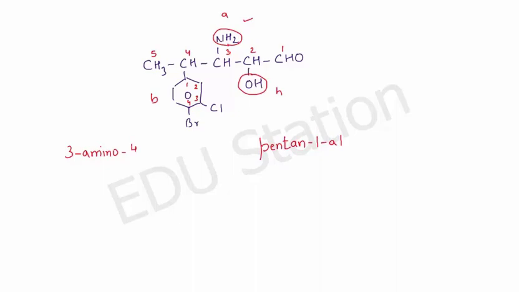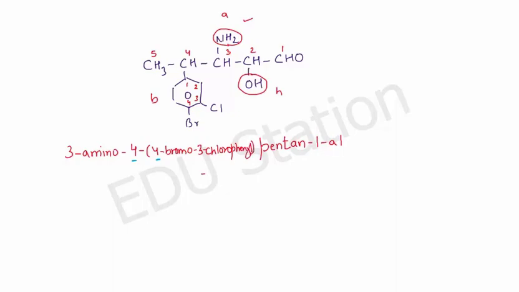Now 4-bromo. I hope you understand that the first 4 is representing the position of the complex, and the second 4 is representing the position of the bromo on the ring. So it will be 4-bromo-3-chlorophenyl, close the bracket.